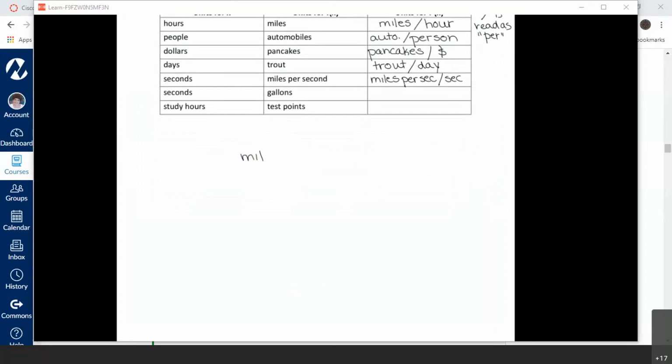I have miles per second as my rate on the top and seconds on the bottom. This can be rewritten like this, because my seconds is in the denominator of the numerator. It's like doing this: miles per second, seconds. See the 2 seconds down there? Yes, miles per second squared.